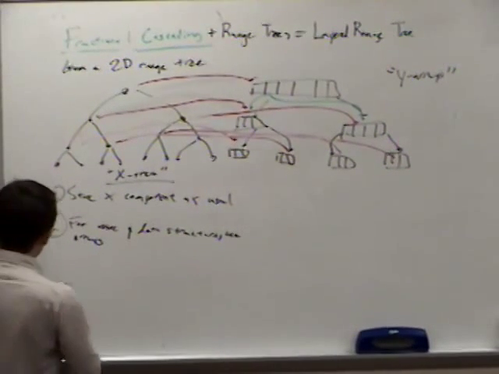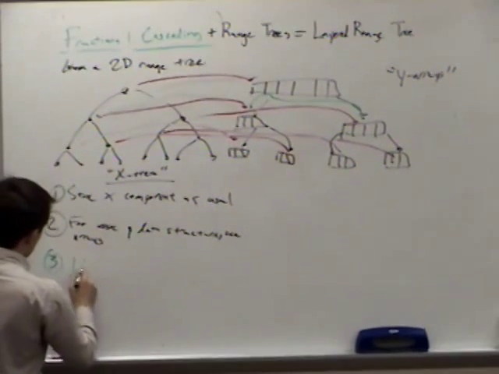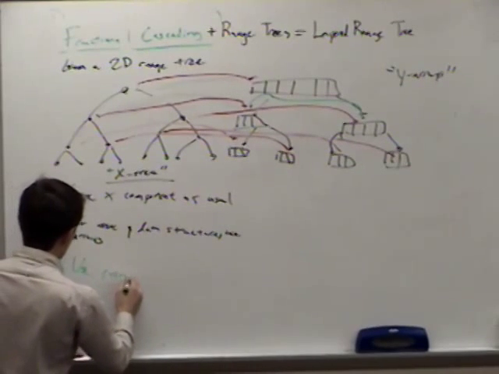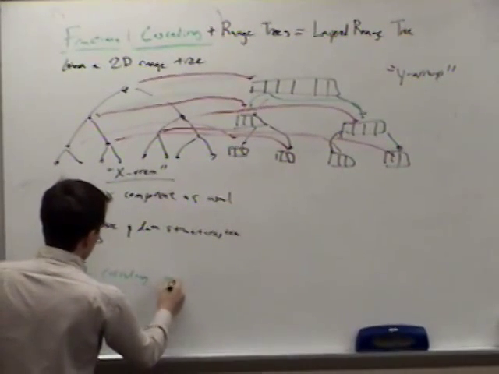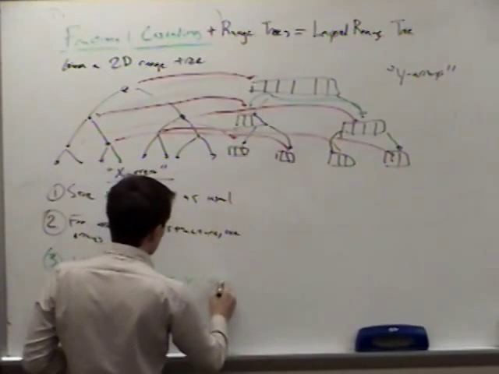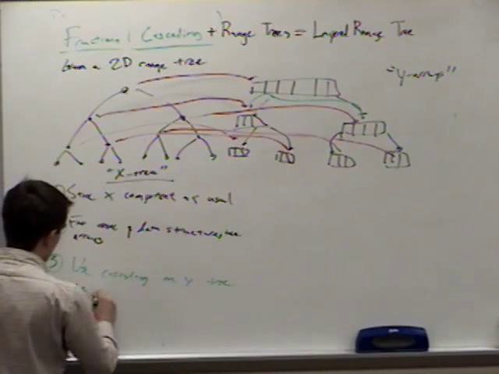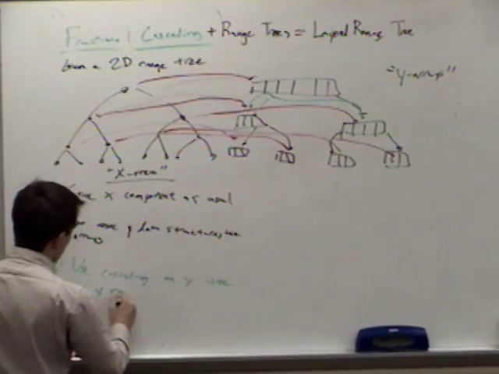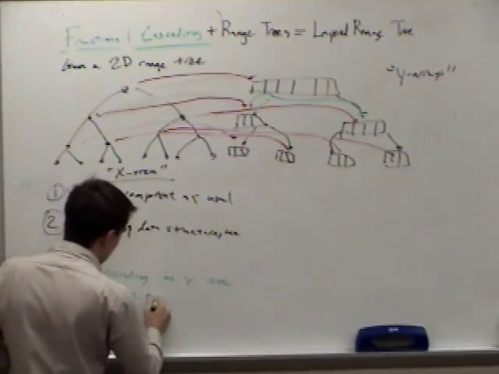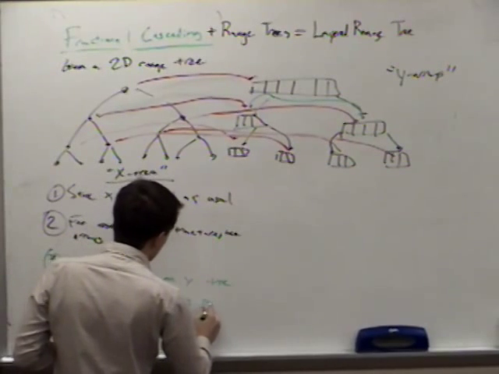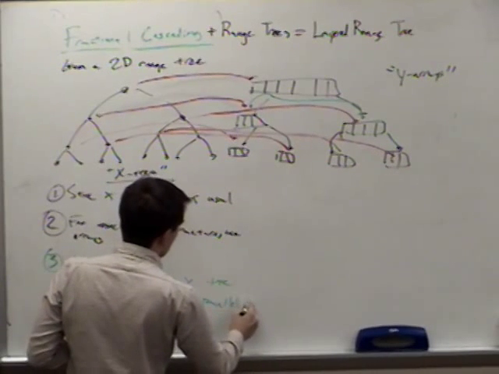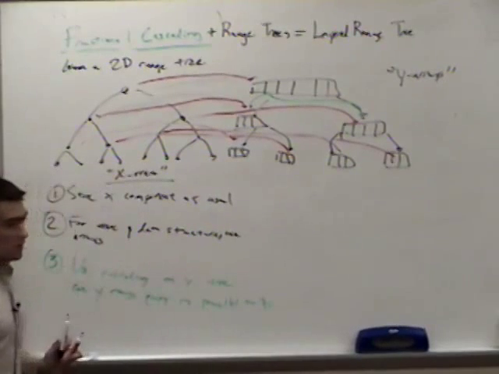And then we use cascading on the Y tree, and run the Y range query in parallel to X.